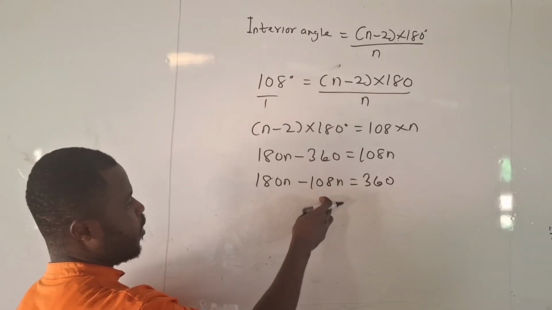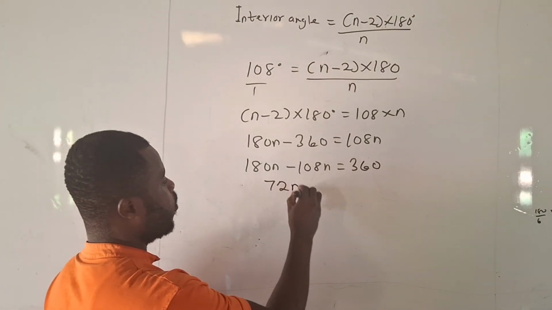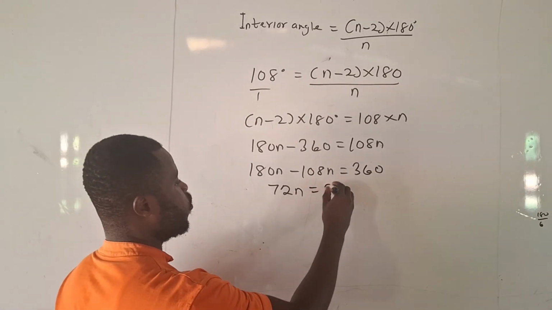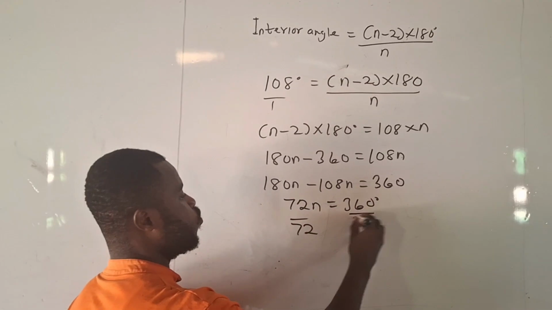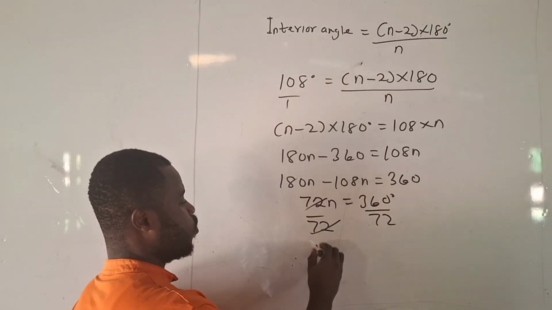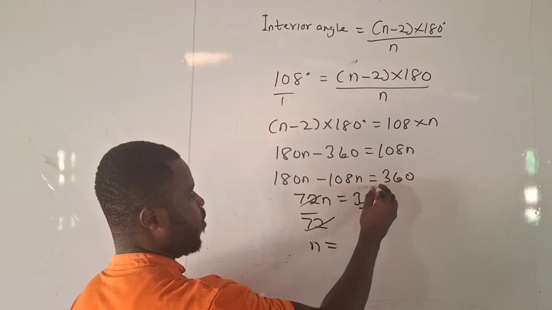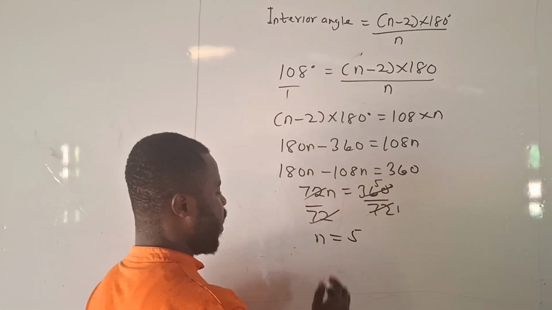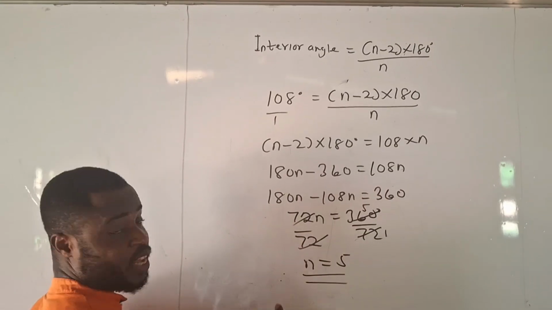So 180 minus 108 gives us 72n is equal to 360 degrees. We divide both sides by 72, then n. 72 divided by 72 is 1, and 360 divided by 72 is 5. So n is equal to 5. The number of sides is 5.